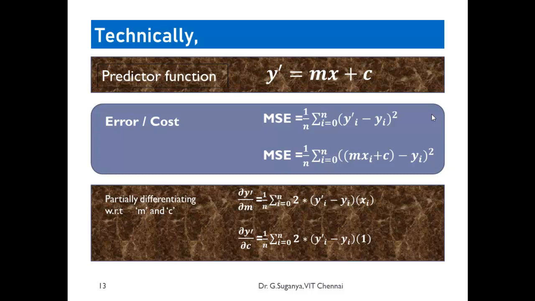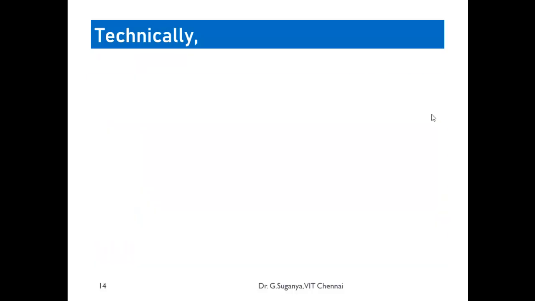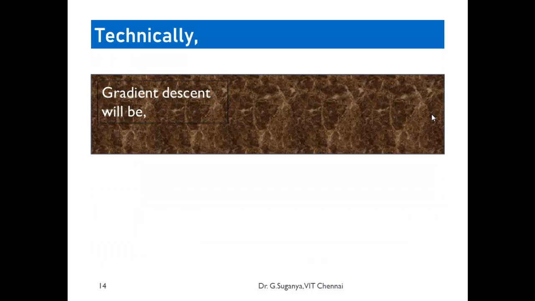Okay, and hence how to modify the weights now. Our intention is to make dy dash divided by dm and dy dash divided by dc equal to 0. The difference has to be 0. If we cannot obtain 0, a near optimal result is what is expected. And hence gradient descent. What is gradient descent?